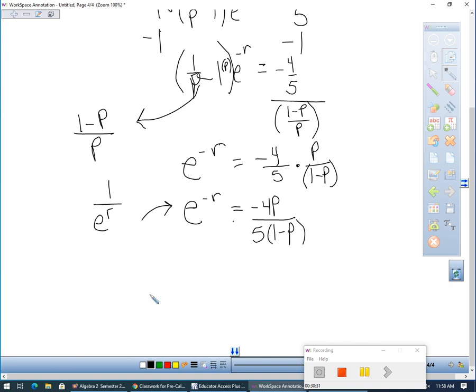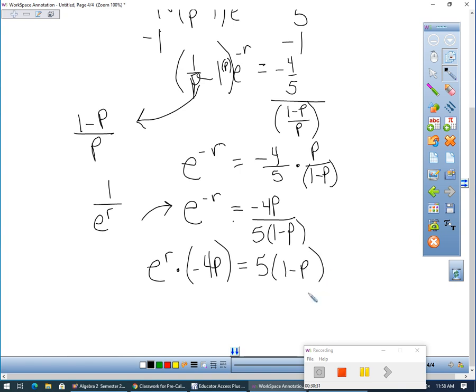All right, well, if that's the case, then I can cross multiply, right? And I have e to the r times negative 4p equals, try that again, 5 times 1 minus p. Alright, so I'm going to go ahead and divide by the 4p.